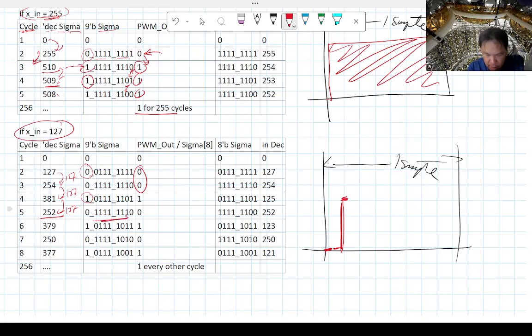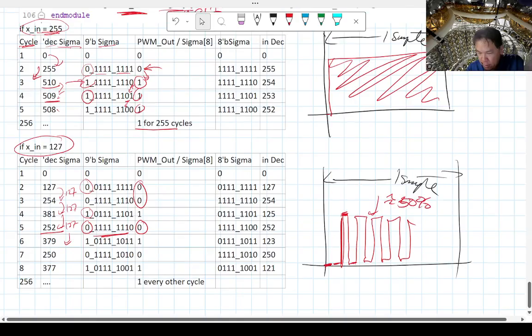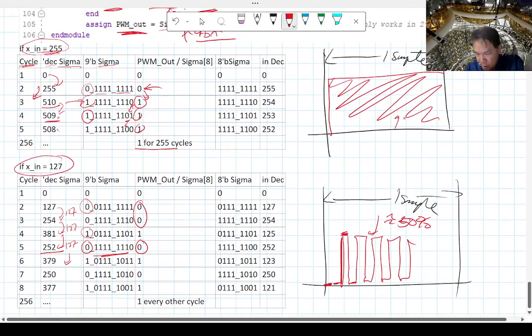So if you look at the bits, the most significant bit goes from 1 to 0, so you get low for one cycle, and this keeps going up and down, up and down, up and down. This is basically approximately a 50% duty cycle, whereas the earlier one is like a 99% duty cycle.